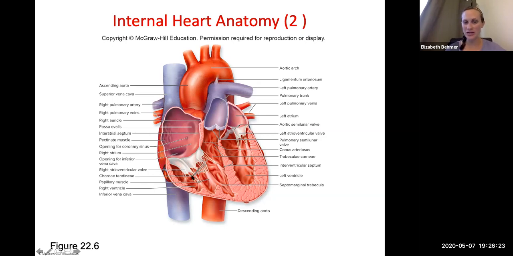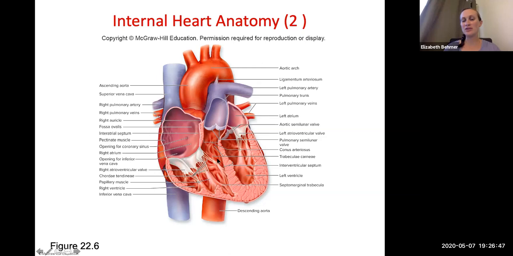And those little strings or cords are called chordae tendineae. So we have papillary muscles that will pull or contract on these chordae tendineae. And when they do that, that will open up the valve so that blood can rush from your right atria to your right ventricle. Then the valve will close or slam shut, which again, that's the first heart sound.